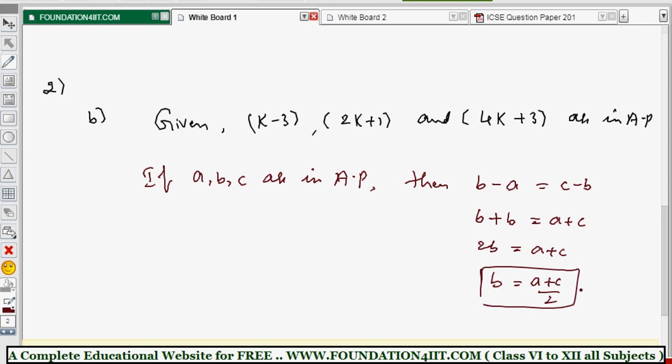Okay, this formula will apply. This is the formula I wrote for understanding purposes. Then you can apply this.